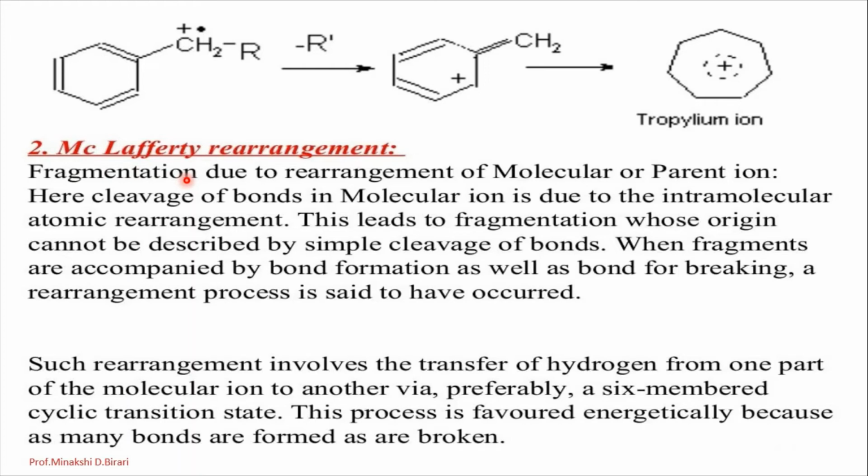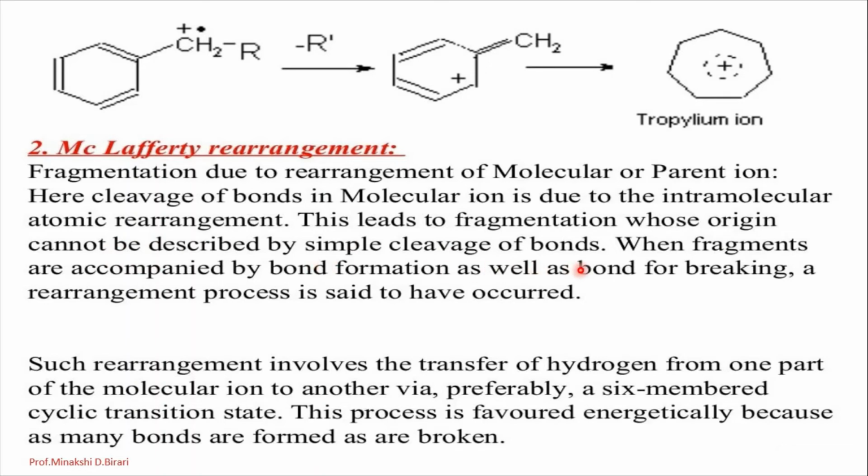The fragmentation is due to rearrangement of the molecular or parent ion. Here, the cleavage of bonds in the molecular ion occurs due to intramolecular atomic rearrangement. So the McLafferty rearrangement is one of the intramolecular atomic rearrangements where cleavage of the bond in the molecular ion occurs, and that leads to fragmentation whose origin cannot be described by simple cleavage of bonds.